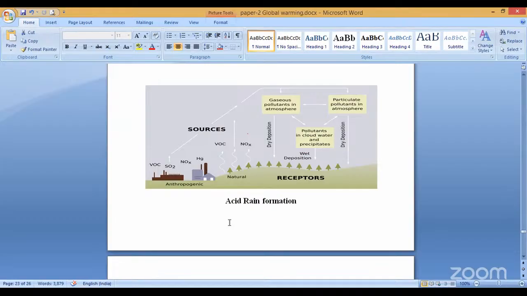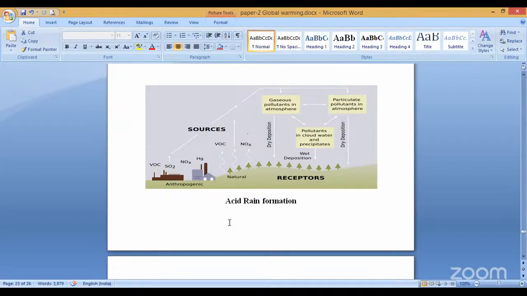Volcanic eruptions can add a lot of carbon dioxide and a lot of sulfur compounds to the environment to form acidic conditions. Acid rain: volatile organic compounds, sulfur, nitrogen, and heavy metals enter the atmosphere from anthropogenic sources, by vehicular emissions and industrial pollution.